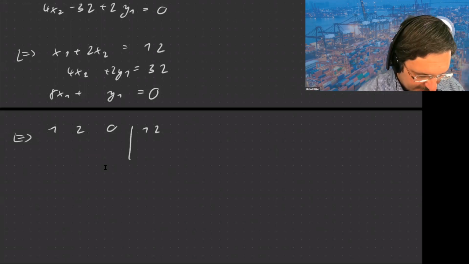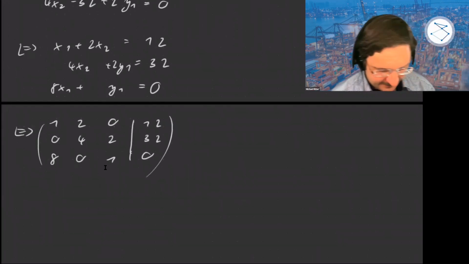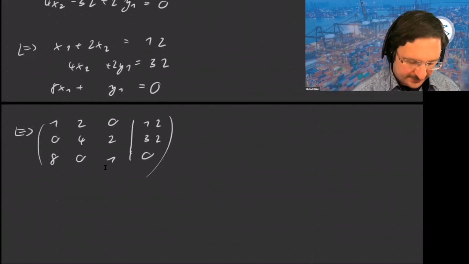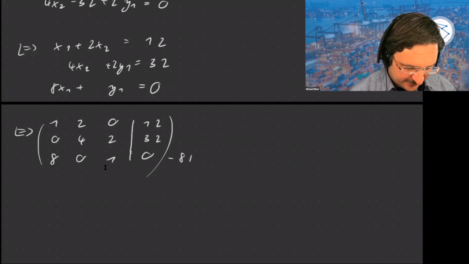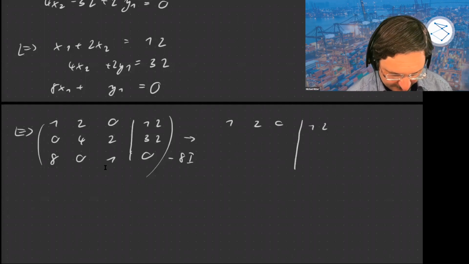So we have 1, 2, 0, right-hand side 12, 0, 4, 2, right-hand side 32, and then we get 8, 0, 1, right-hand side 0. And now if you want to solve this, we subtract 8 times the first row here from the third row. Let's see, we copy the first 2 rows.